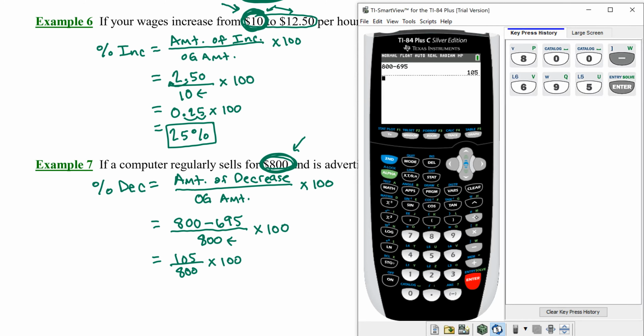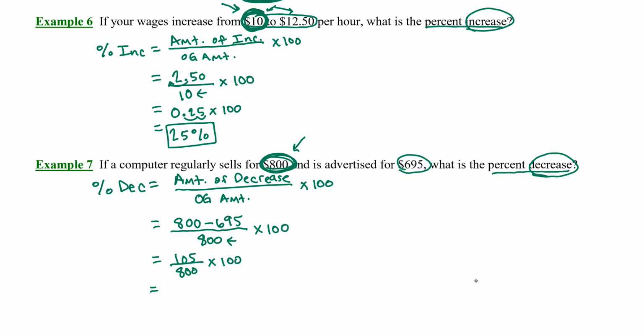So 105, I can simply type the divided by on my calculator, and it remembers my previous answer. So 105 divided by 800 is 0.13125. Then that's the decimal form of the percent, right? We're going to multiply it by 100 to get it in the form of a percent.